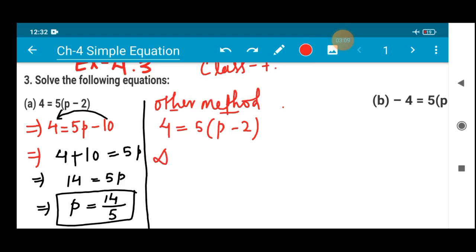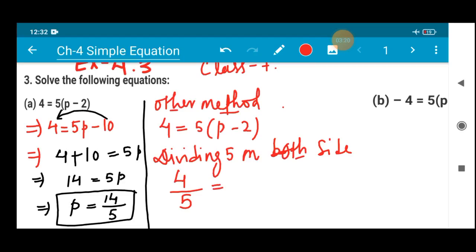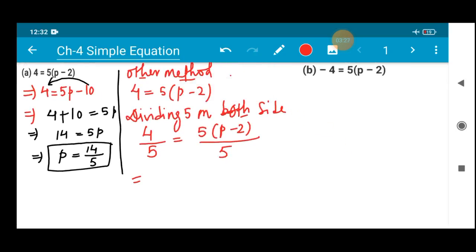So what we can do, we can divide by 5 on both sides. Dividing by 5 on both sides, we will get 4 by 5 is equal to (5p minus 2) by 5. So as not to create any confusion, you can write this side 5p minus 2.